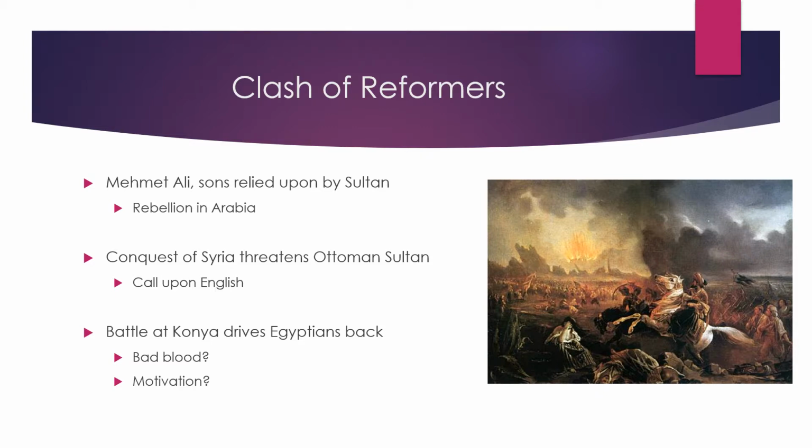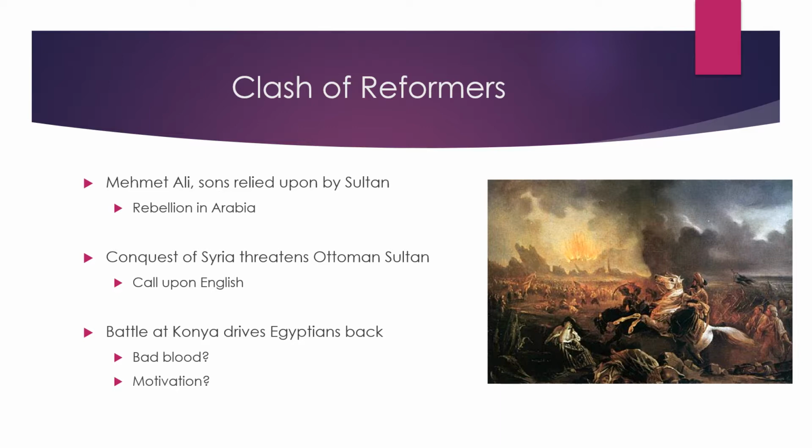And so this battle at Konya in what is now modern day Syria drives the Egyptians back. And it establishes this kind of bad blood between the Egyptians and the Ottomans. The Egyptian pashas begin to become more and more independent, ignoring the Ottoman Sultan.